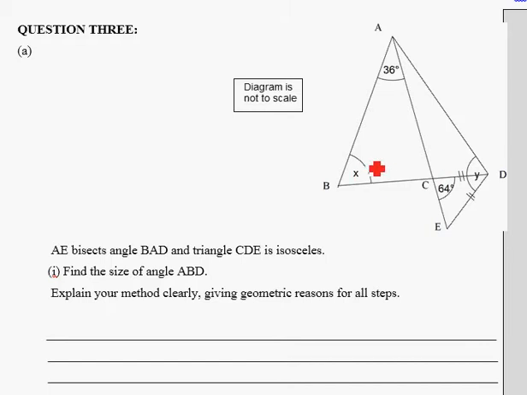ABD. Oh, so we're looking for X. Alright, well if that's 64, then that must be 64 because they're vertically opposite. And then we can do 180 minus those two angles, which would make that 80. So that means angle ACB is 80.